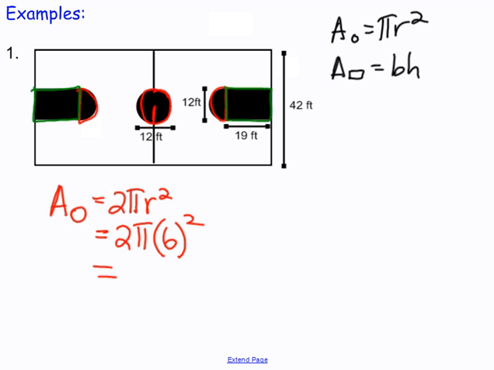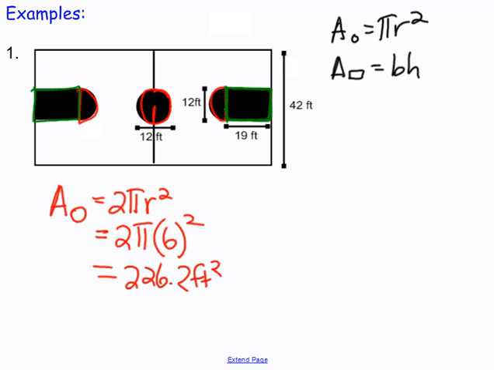That whole area of the circles then equals 226.2 feet squared. Now I'm going to find the area of two rectangles. Well, I know that this I can move right over here. So that's going to be the height.